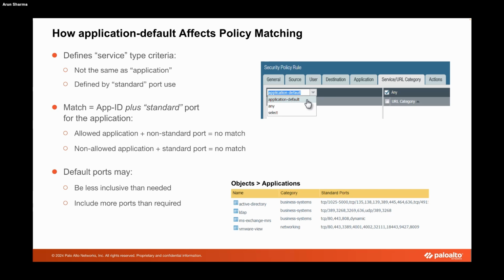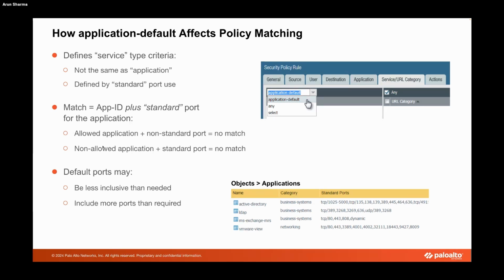So we can have a customized application where we explicitly tell it that instead of just using 25, also start using 587. That way, that customized application will be seen in the monitor logs.